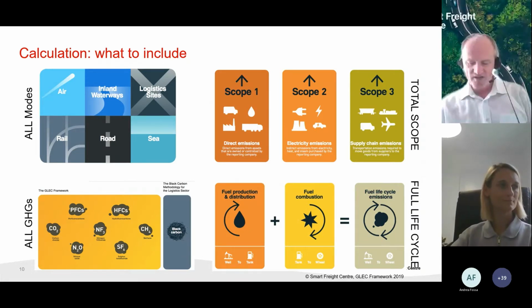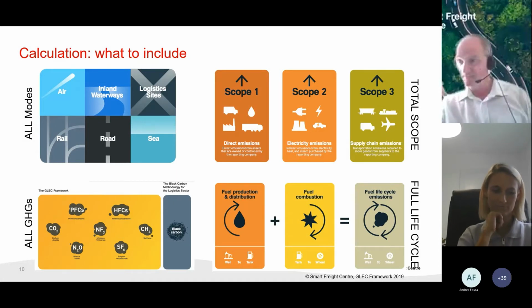They are generally excluded from the Glec framework at the moment for reasons of data availability or practicality, or in some cases still lack of a commonly agreed way to include them, thinking particularly about radiative forcing for air transport.